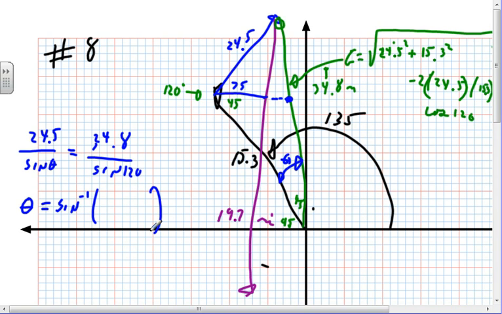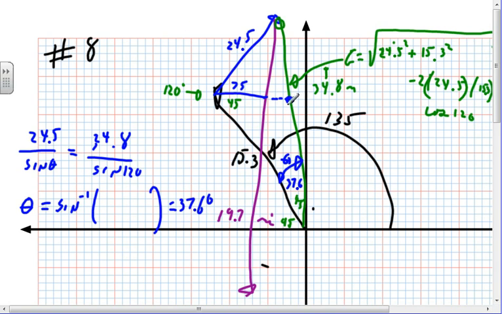That's 37.6 degrees. So I know this angle, 37.6.